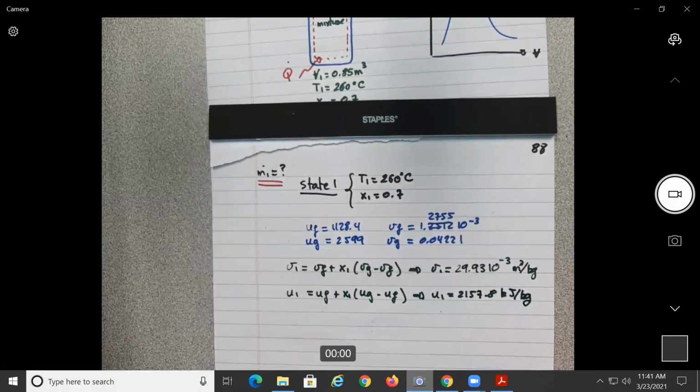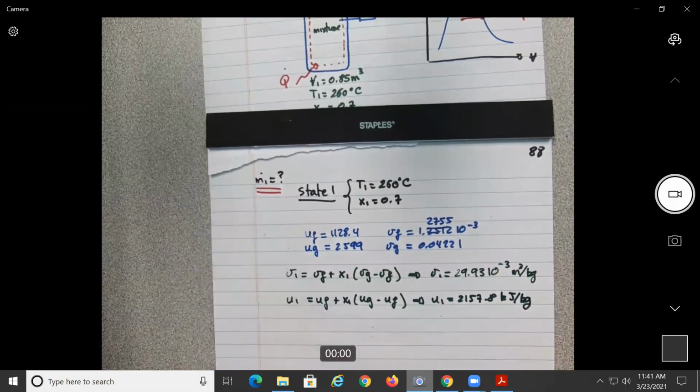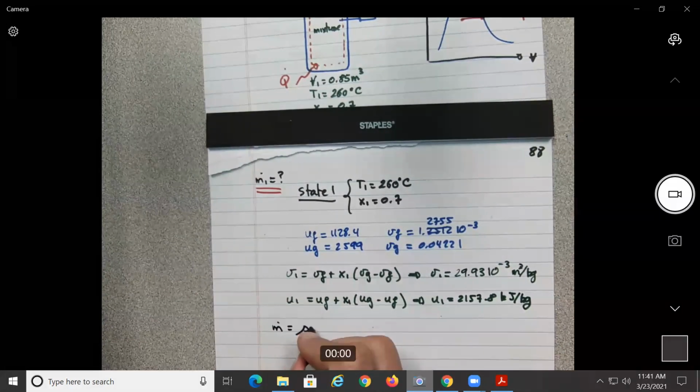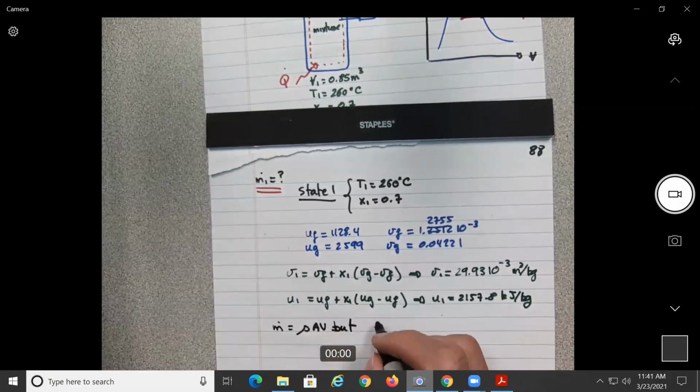Okay, but let's not lose track of what we're trying to find, which is M1. So by definition, what should be the mass flow? It is rho A V, but we also know the specific volume is what?